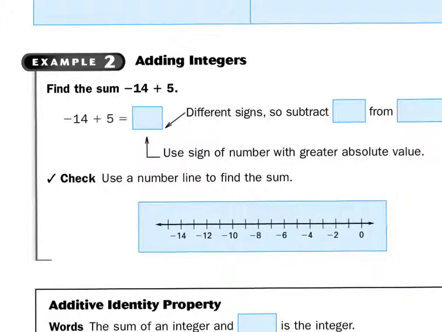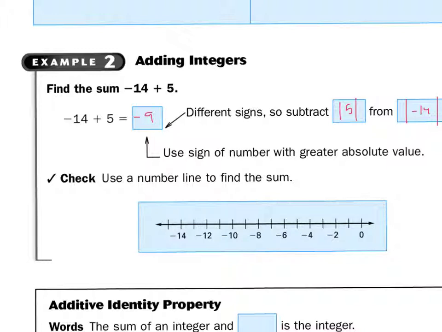The rule that we'll learn is that when the two numbers that you're adding have different signs, you want to subtract the absolute value of 5 from the absolute value of negative 14, which is 14 minus 5. And then the sign that it takes is the one that had the greater value. The number that had the greater value was 14, and it was negative. So we'll use a negative sign.